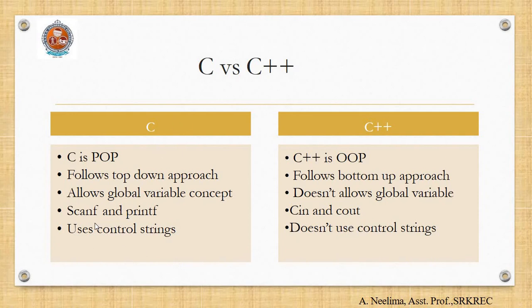In C, we use scanf for input and the printf function for output, whereas in C++, we use cin for input and cout for output. And in C, we use control strings, whereas C++ does not use any control strings.